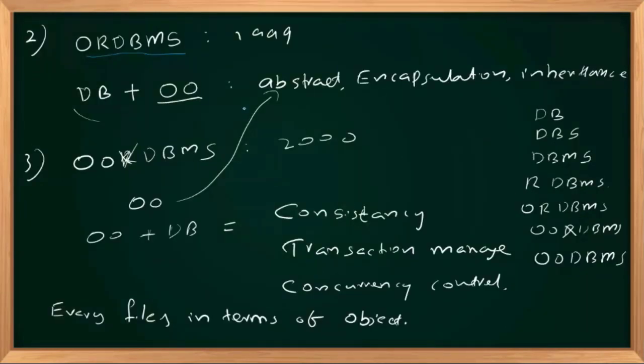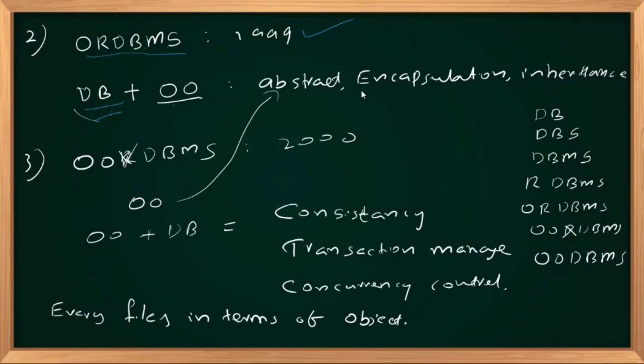The second one is the object-oriented relational database management system, which means database plus object-oriented concepts. It was developed in 1999. We know that C++ is object-oriented programming.